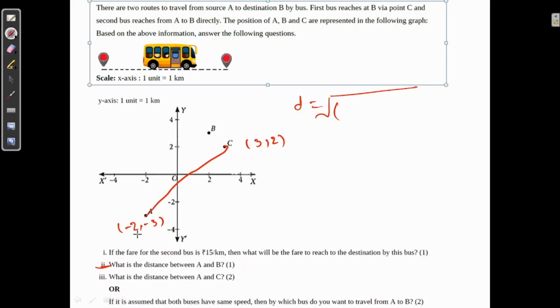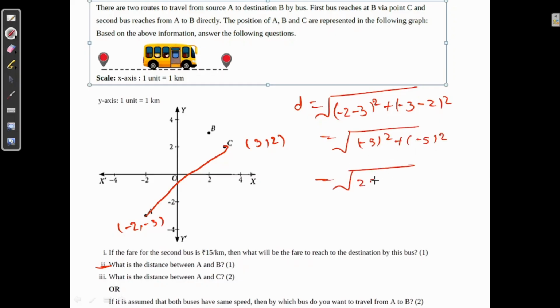I am directly going to apply x1, y1, x2, y2. x1 is minus 2, x2 is 3, y1 is minus 3, y2 is 2. Just solve it. Look, it will be minus 5, minus 5. Minus 5 square is 25, minus 5 square is 25, which will be root of 50.